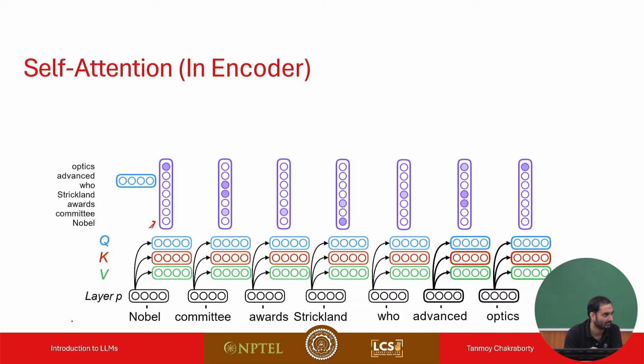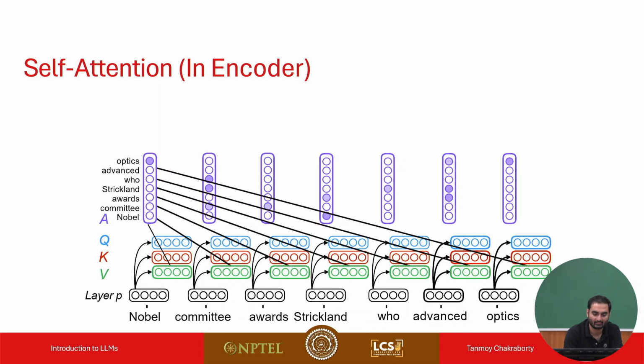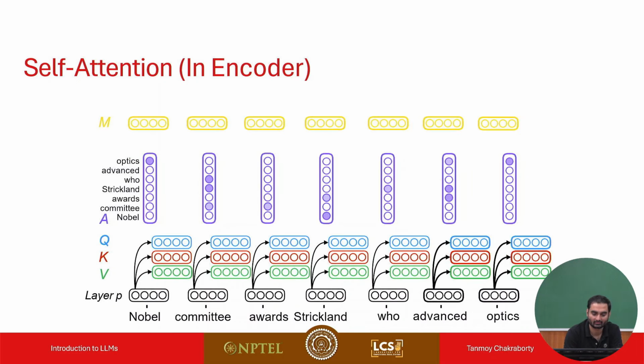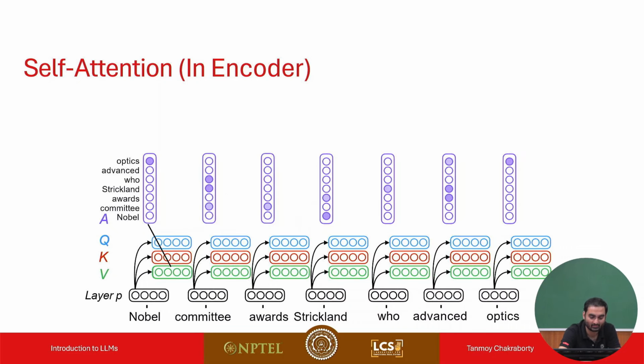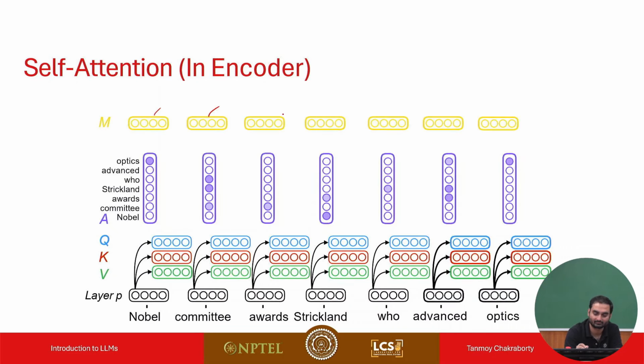When we use a single attention head, right? These are essentially not attention vectors. These are essentially the similarity values, meaning the attention scores. From attention scores, you obtain the attention vector for every token.